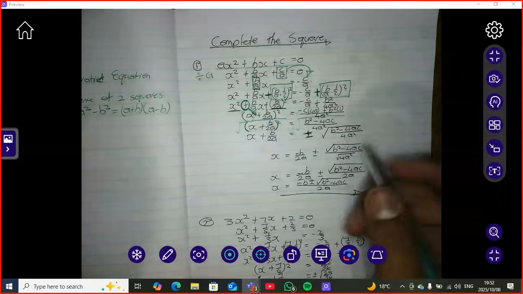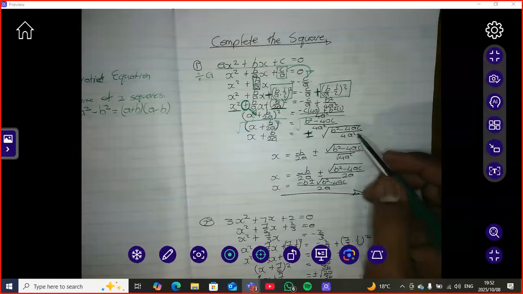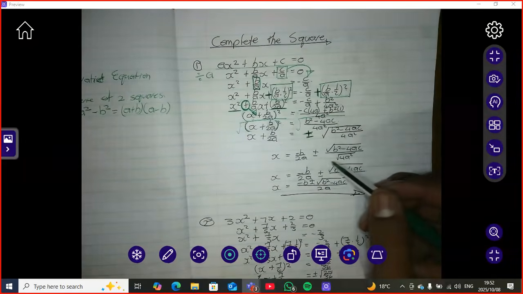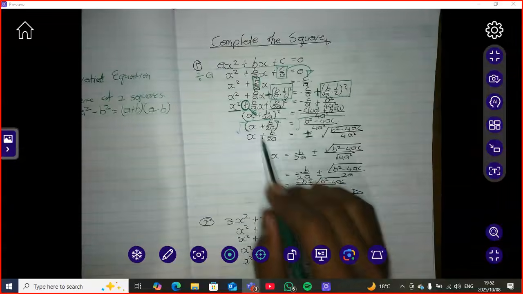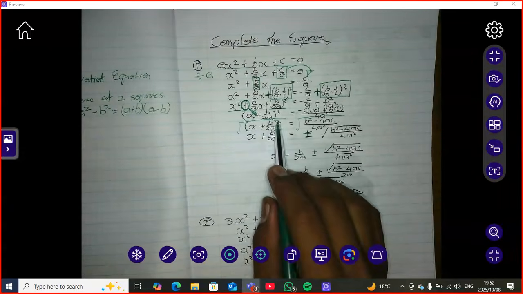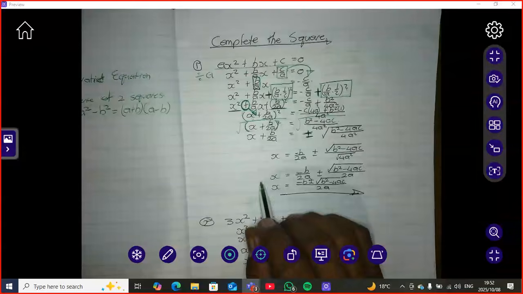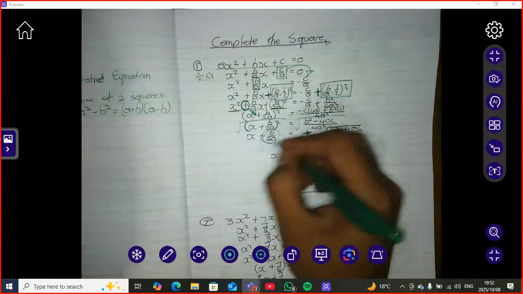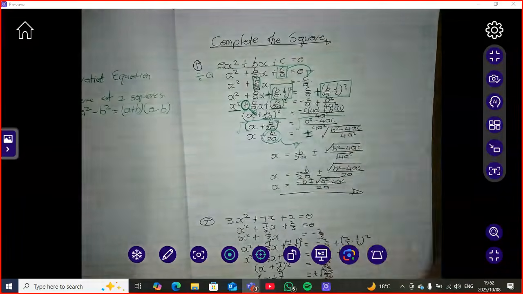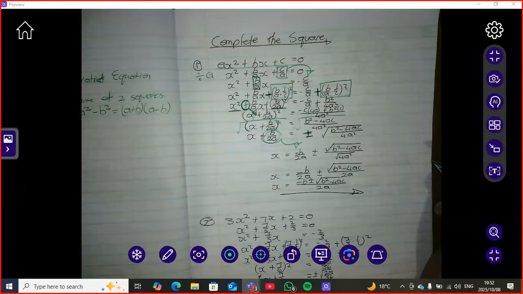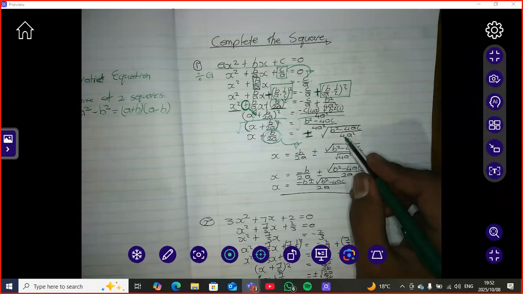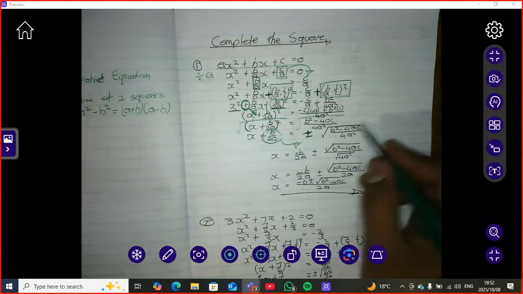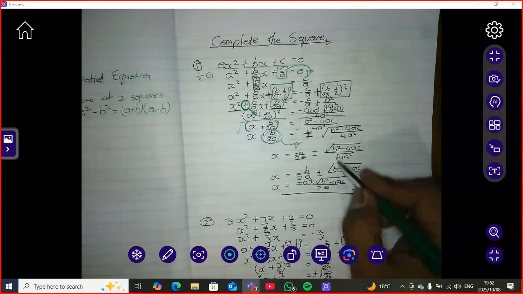Alright? So then what I do next is I take this over now. I can take this over because it's alone now, right? The squared fell away because I square rooted. So I can take this now to this side, and this can also simplify because if you square root a fraction like this, the square root can go on top and the bottom.